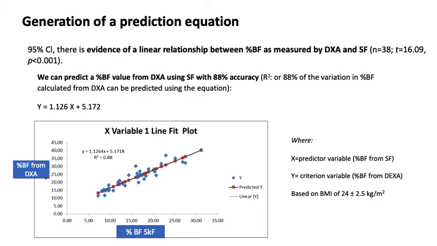So 88% of the variation in percent body fat calculated from DEXA can be predicted using this equation. And you can see it here. It's y equals 1.126 times whatever the x value would be from either the percent body fat you get from DEXA or from SkinFolds, plus the constant being 5.172. So we can predict percent body fat value from DEXA using SkinFold with 88% accuracy.